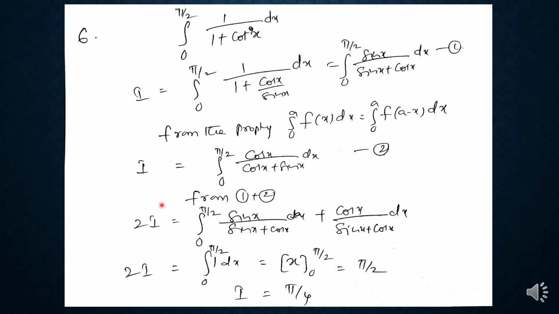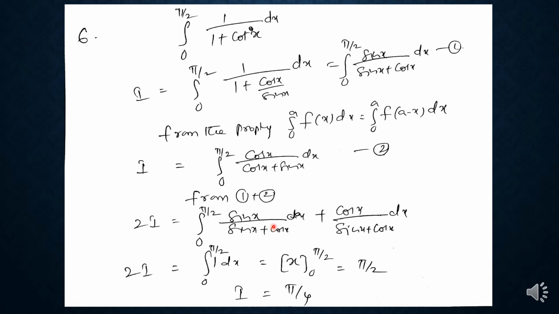So by simplifying this, 2I is equal to, here we can see that the denominators are equal, so we can add the numerators. Then this can be written as integral 0 to pi by 2 sin x plus cos x divided by sin x plus cos x dx, which is numerator and denominator equal.